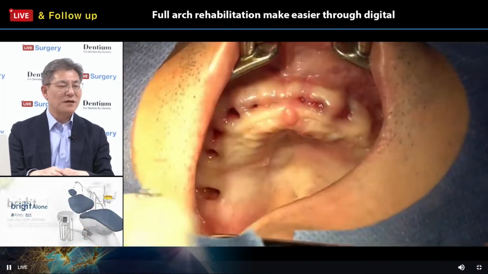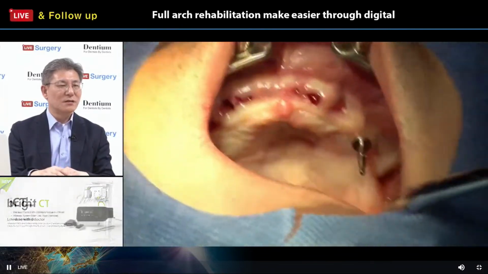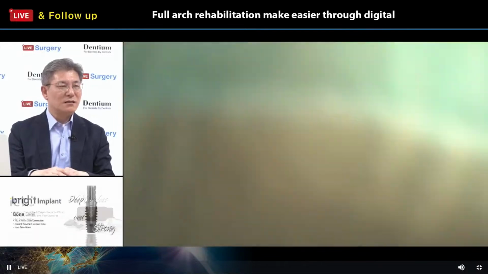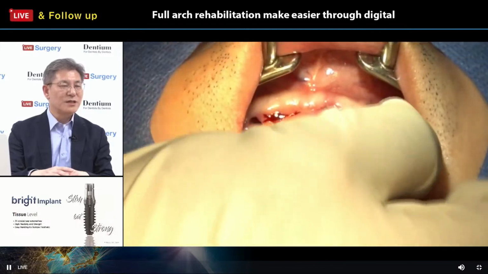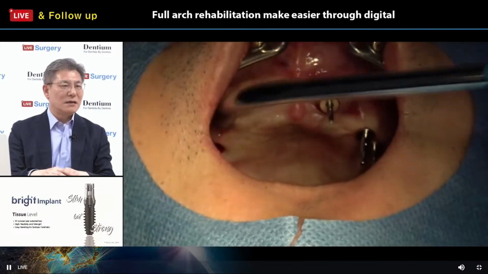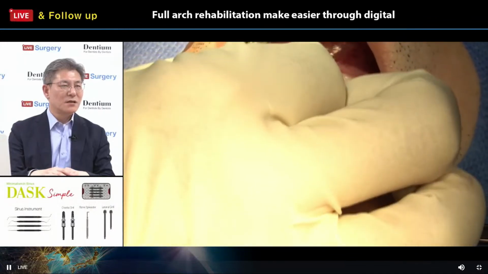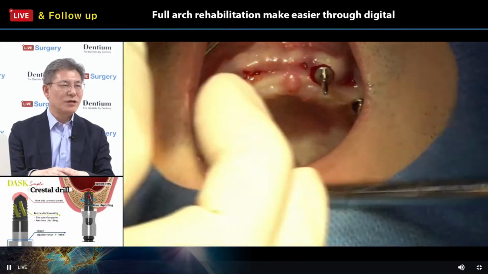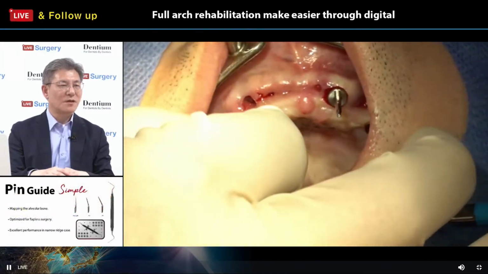Okay, the expected implantation point was drilled using this surgical stent, the actual 3D printed denture used as a surgical stent. The whole area was checked by inserting a parallel pin, checking the path and the position.